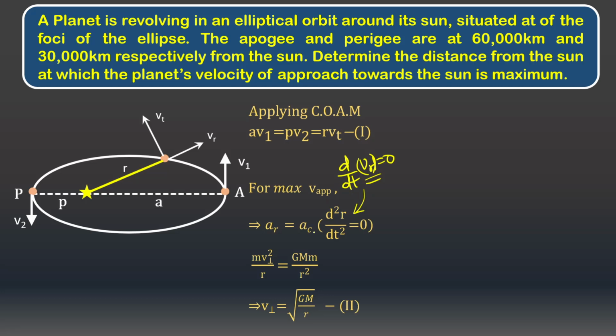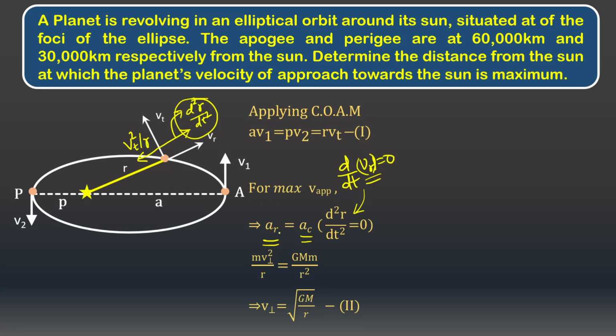And if that is happening, my radial acceleration will be equal to the centripetal acceleration. Along the radial direction, you will have two kinds of acceleration. One along the radial direction, that will be d²r/dt², and also one part will be the centripetal, that is either omega square r or simply v tangential square by r. Since d²r/dt² is equal to 0, only v_t²/r is remaining.